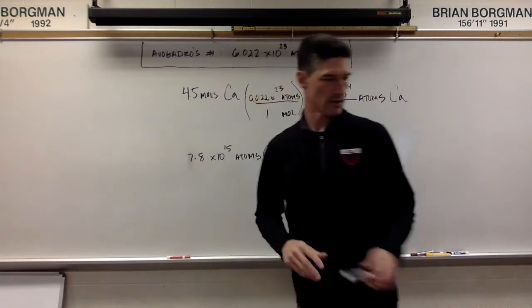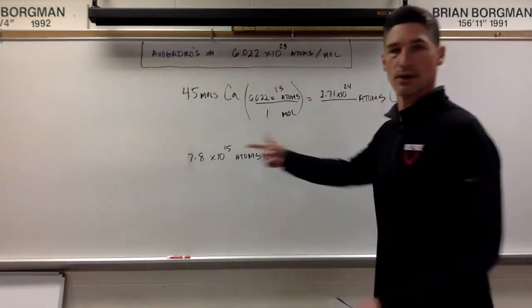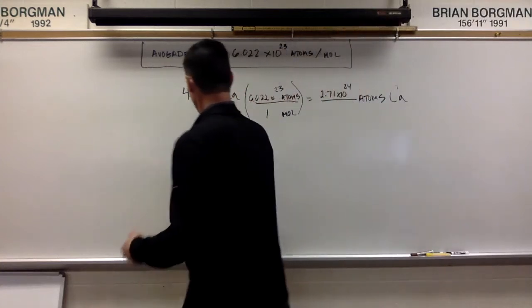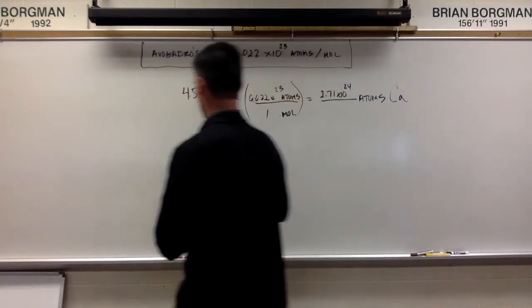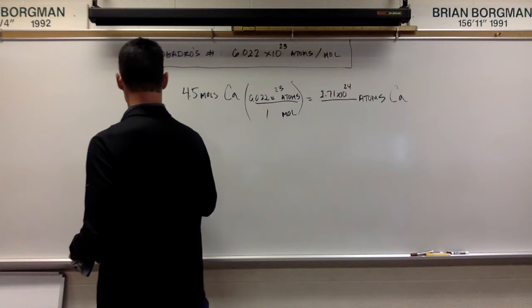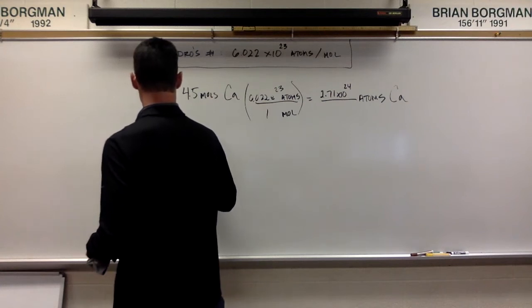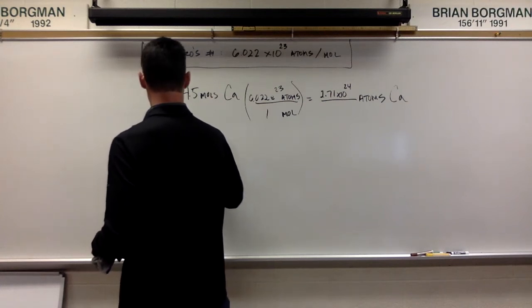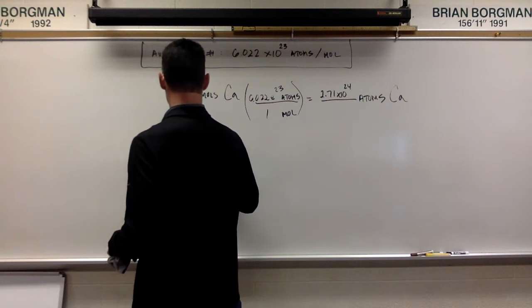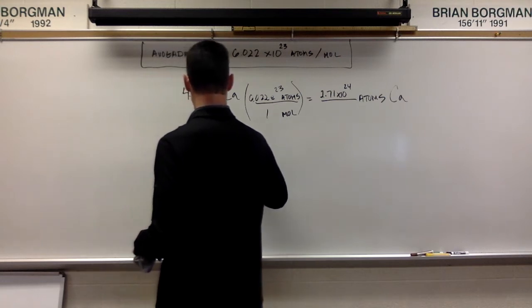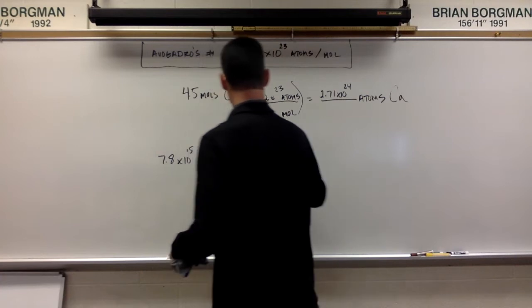Now I'm going to move that over; I'm getting too far in the middle of the board and I'm going to run out of room. 7.8 times 10 to the 15th atoms of calcium.